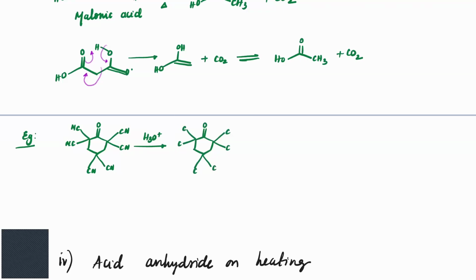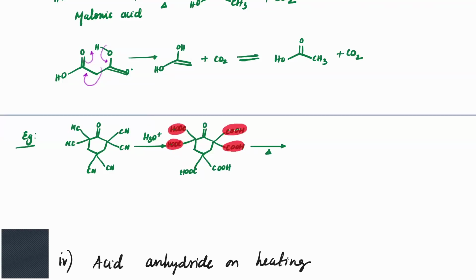So here you will get this as acids, COOH. In all the cases, we will get COOH, COOH, COOH, COOH, COOH, and COOH. This way. And that on heating, you will see this will go away, CO2, CO2, CO2, CO2.